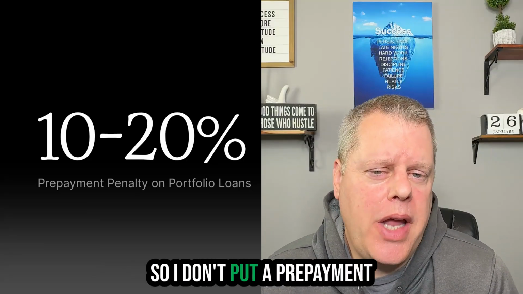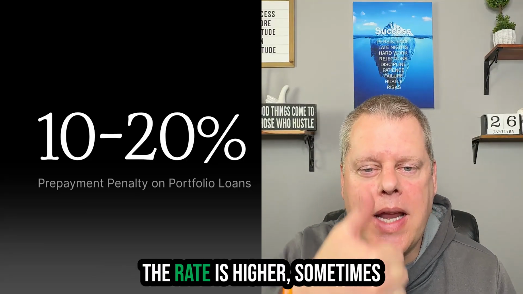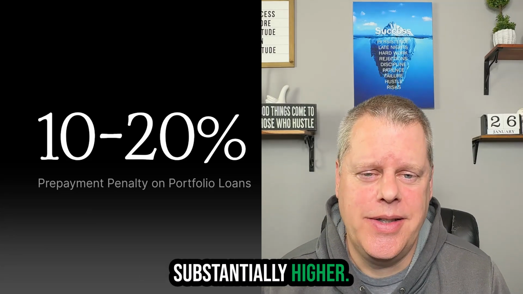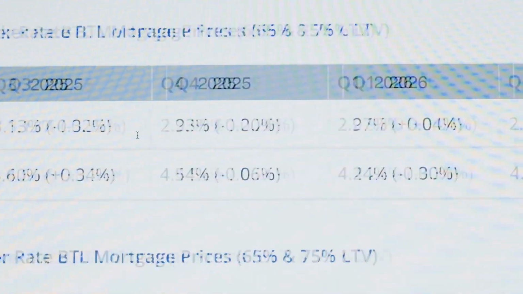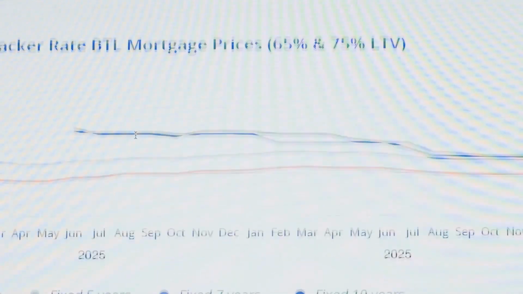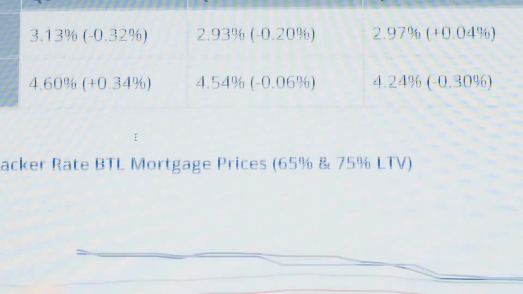So I don't put a prepayment penalty on there, but guess what? The rate is higher, sometimes substantially higher. But that's a choice that the buyer/borrower, you have to make a decision. Do you want a higher rate or do you want a lower rate?